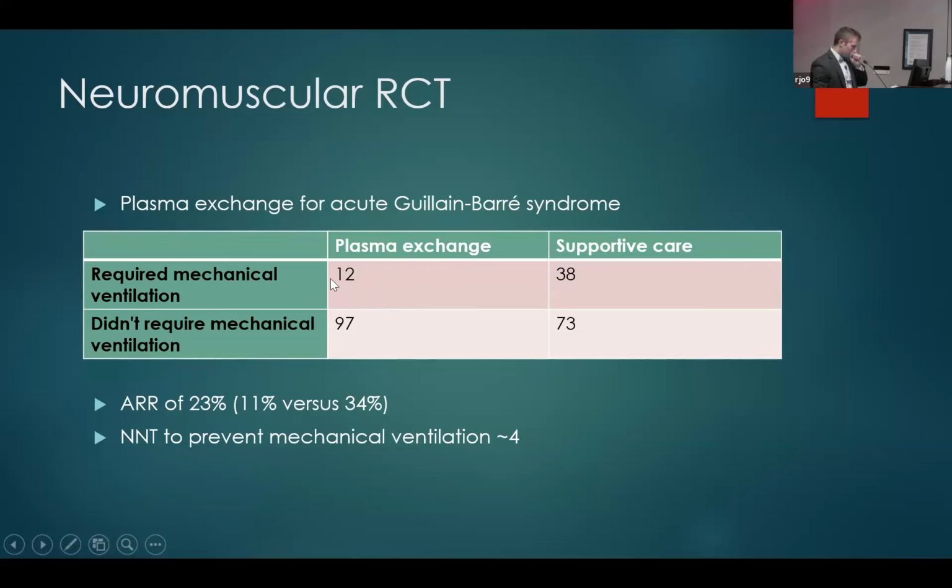So this was 12 out of 109 required mechanical ventilation with acute Guillain-Barré, and then 38 out of 111 needed mechanical ventilation if they just got supportive care. And so the difference in those is 11% versus 34%. Number needed to treat of about 4 again. So 25% absolute risk reduction.